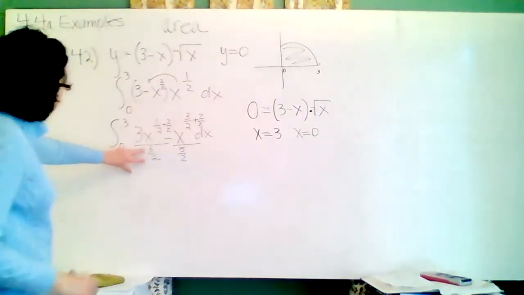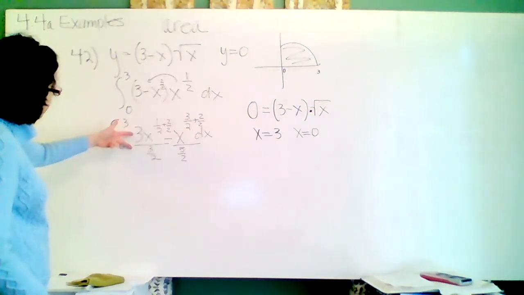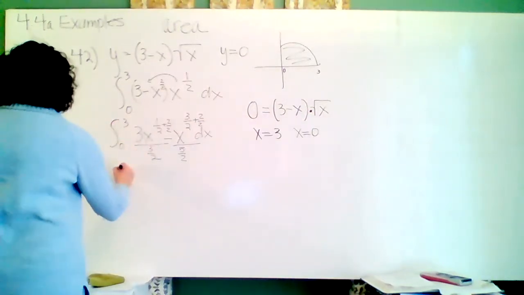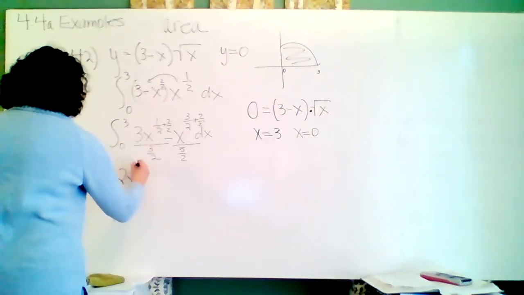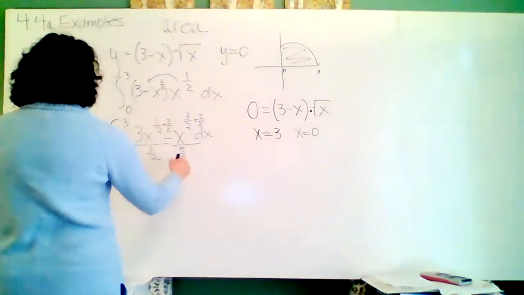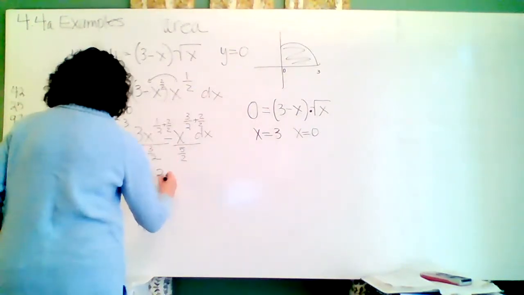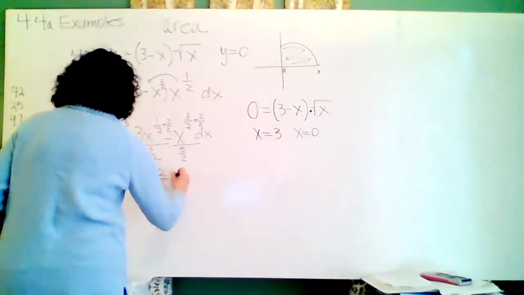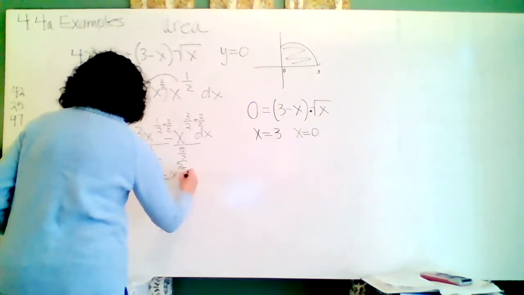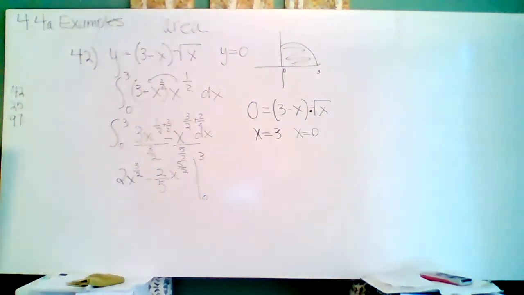Okay, so rather than divide by 3/2, I'll multiply by 2/3. 2/3 times 3 is 2. And this is x to the 3/2. Okay, minus, rather than dividing by 5/2, I'll multiply by 2/5, and that's x to the 5/2. And I am going to evaluate that from 0 to 3.